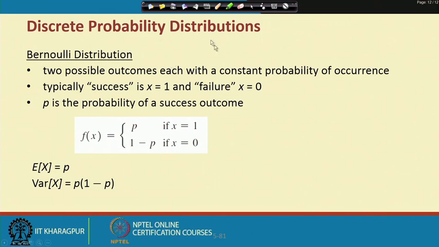One of the discrete probability distributions is called the binomial distribution, where the structure is like this. P is the probability of success, and its counterpart is failure, which is nothing but 1 minus p.